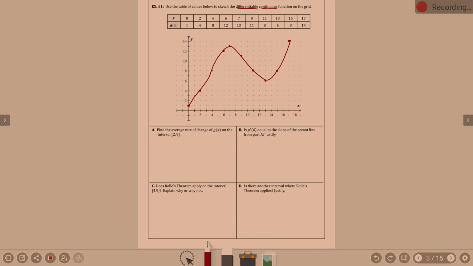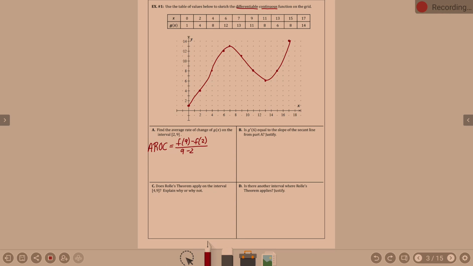Okay, all right, for A. Find the average rate of change of g of x on the interval 2 to 9. What am I finding? That's a secant. On the interval from 2 to 9, basically it's the y minus y over the x minus x, right? I wrote it on mine as f of 9 minus f of 2 over 9 minus 2 until I get the actual values in there.